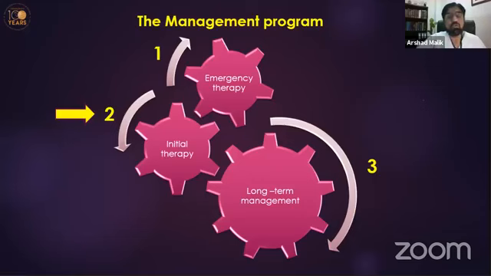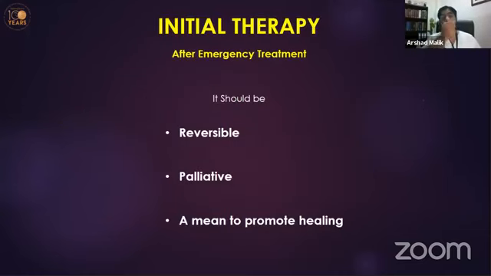Now you are going to start the actual initial therapy. Now, what should the actual initial therapy be after the emergency treatment? It should be reversible, it should be palliative, and it should promote healing. This initial therapy should have these three characteristics.